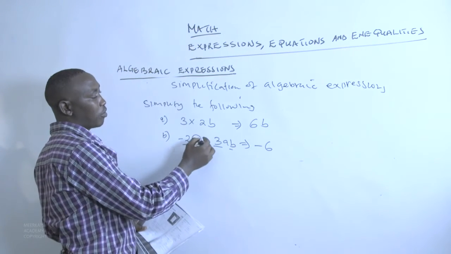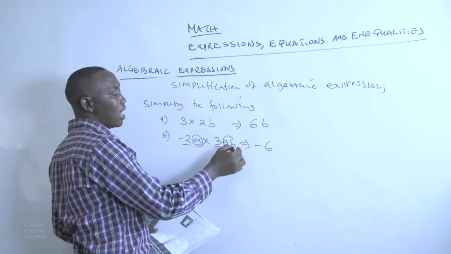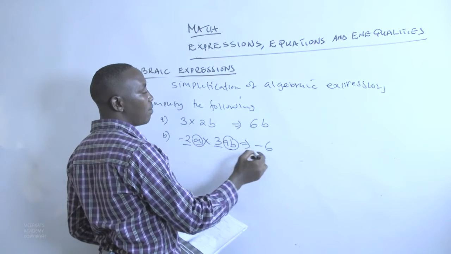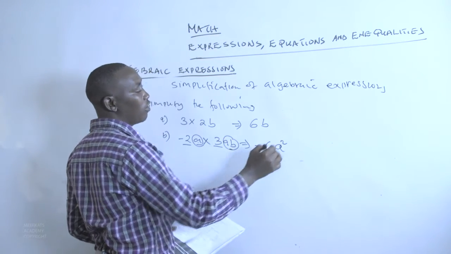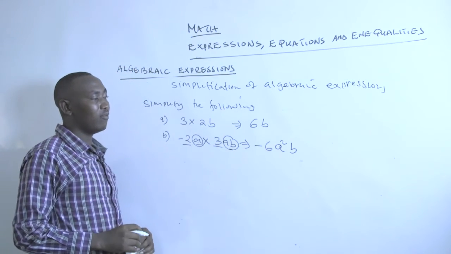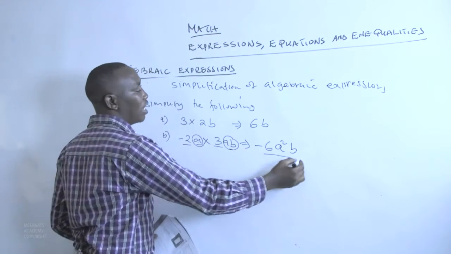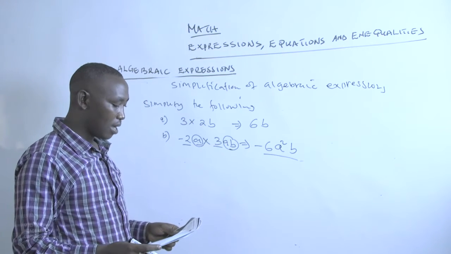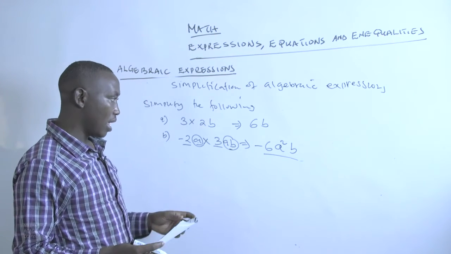Then we multiply the pronumerals: a multiplied by a will be a squared. Then multiplied by b will give us b. Therefore, the result for that is minus 6a squared b.